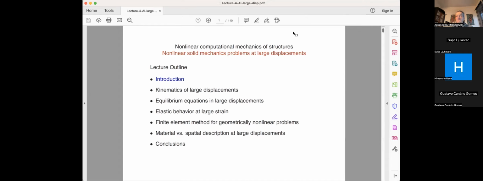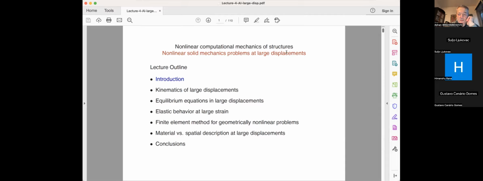Basically, if you have something called material, that means you're using objects which are defined on the initial configuration. If you have something called spatial, you're using objects which are defined on the deformed configuration. So first, material will be the Green-Lagrange strain, the second Piola-Kirchhoff stress, and spatial will be the Kirchhoff stress with the corresponding strain measure, and so on and so forth. So let us go into a little bit more detail.